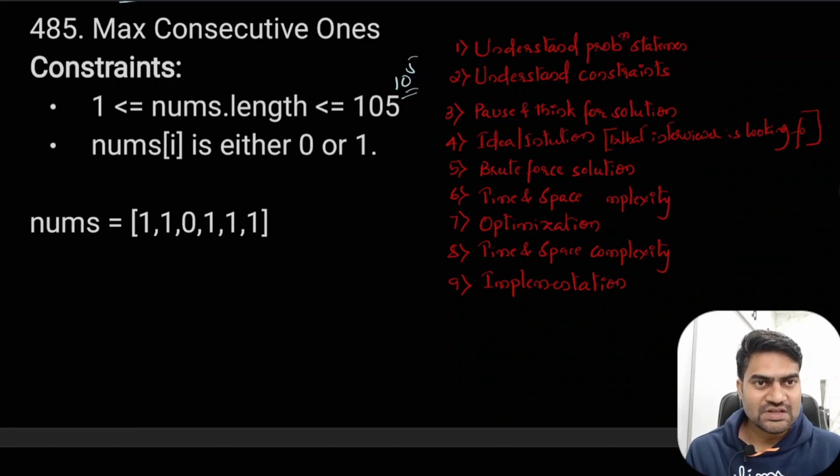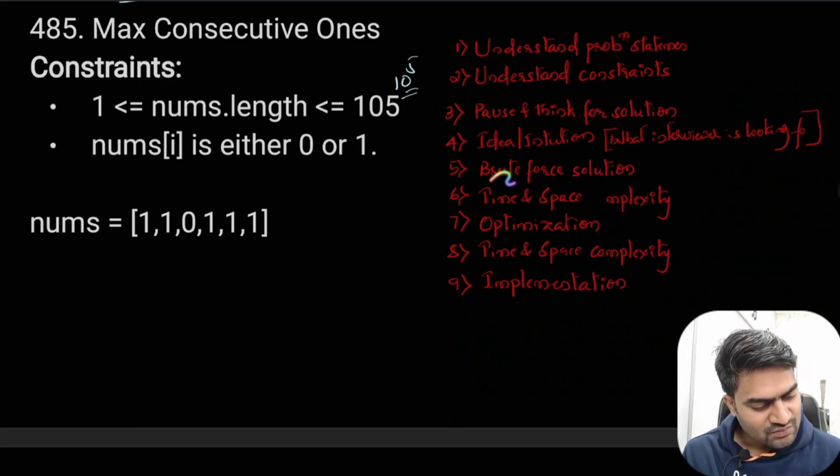If you give a solution in either order n square or n log n, it might end up giving TLE, time limit exceeded, on Leetcode. So he is expecting you to give the answer in order of n time complexity. That is what he will be expecting.